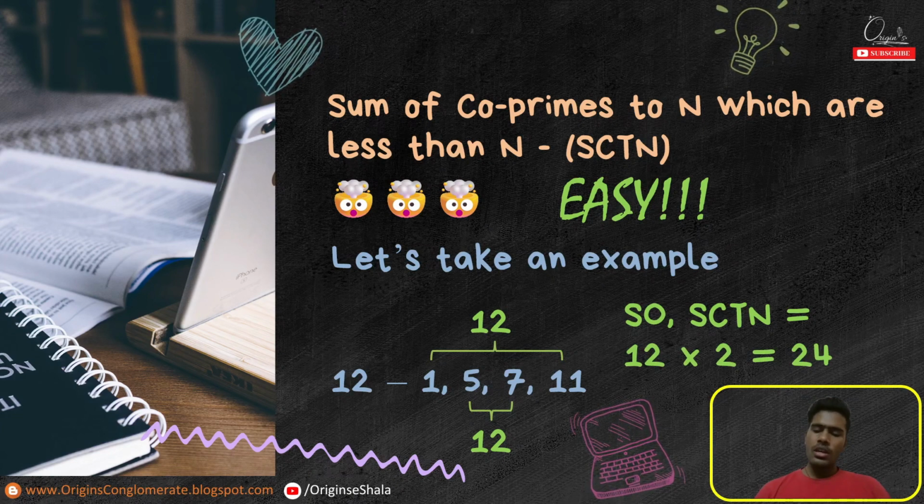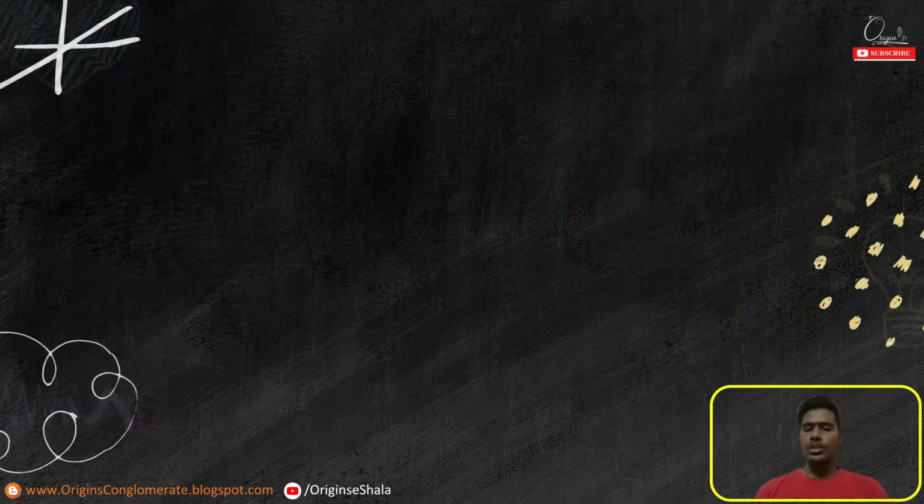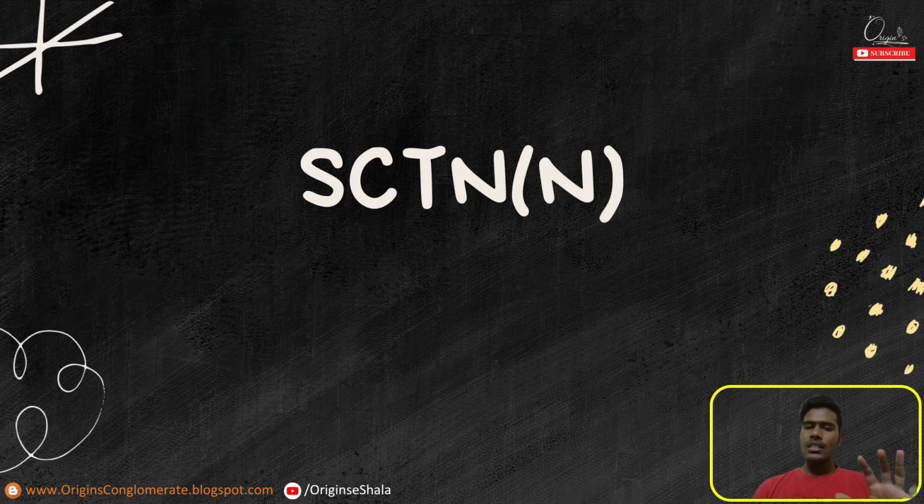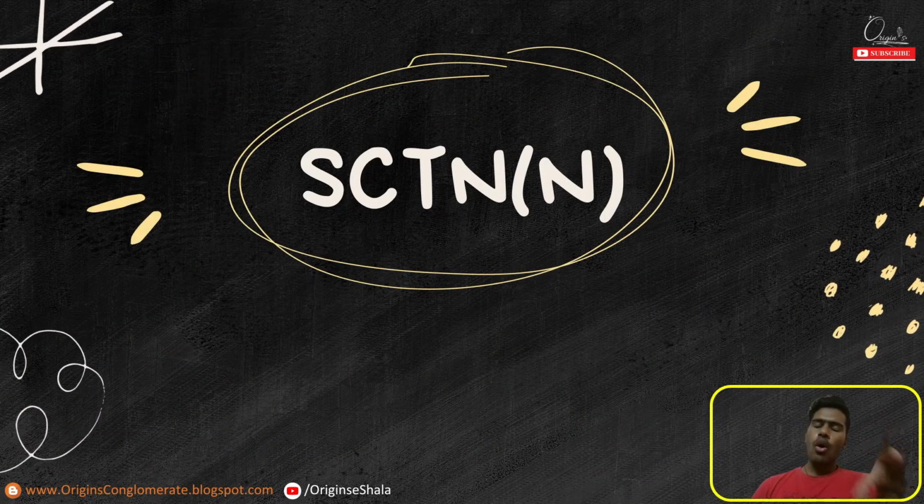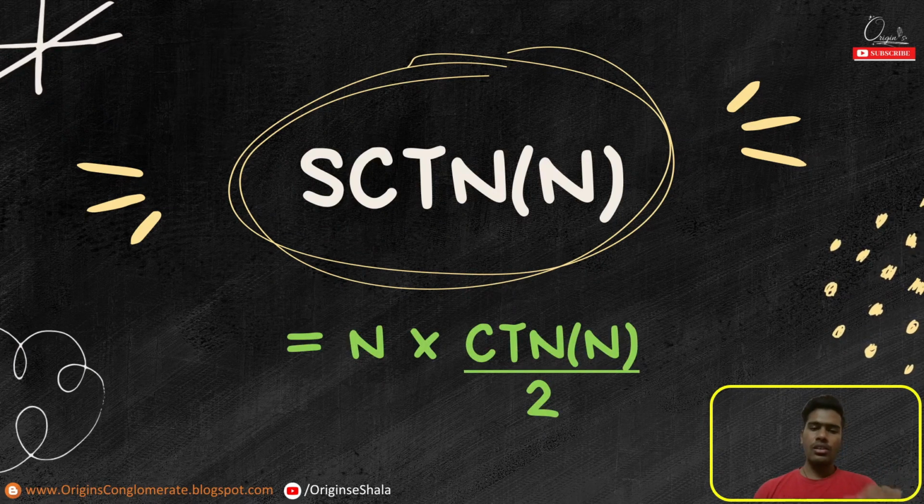That is 12 times 2. Now, I don't know if you have noticed it or not, but we got the SCTN based on the number of coprimes to the number itself. We literally just halved it and multiplied by the number. So our approach is simple: find the count of coprimes to that number, divide it by 2, and multiply by the number itself.